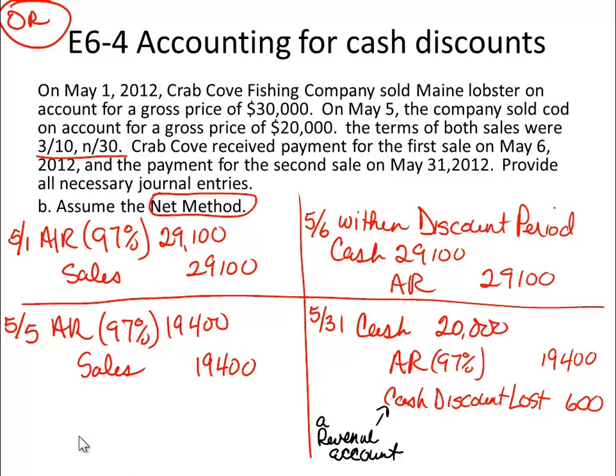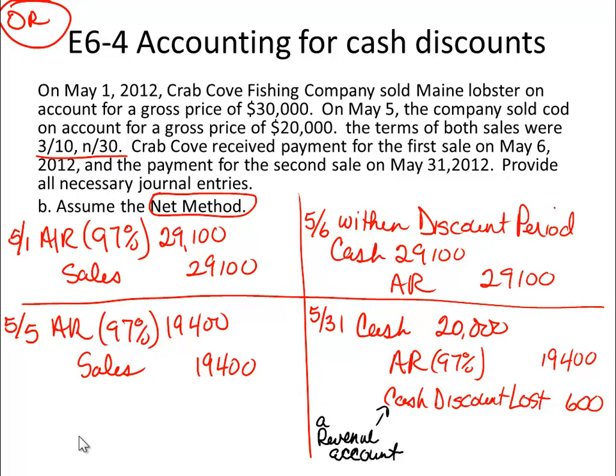And we do that because we assume that everybody's going to pay within the 10 days of invoice. On the 5th, when we make another sale for $20,000, notice again we report it only at 97% of $20,000, or $19,400. Since the customers pay within the discount period on May 6th, it's simply debit cash $29,100, credit accounts receivable.